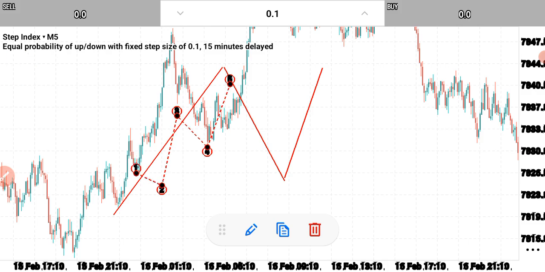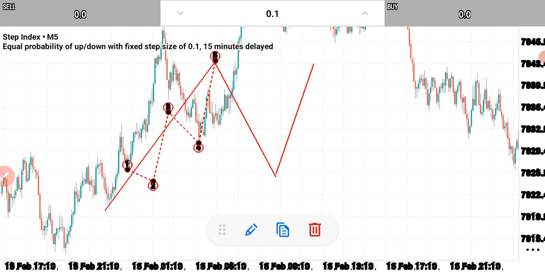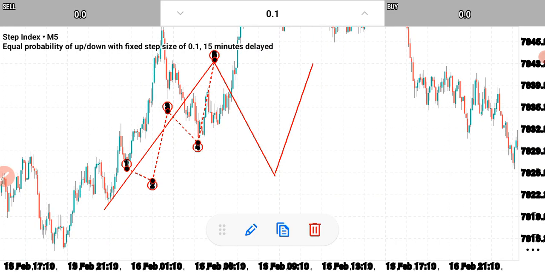The fourth one is above the number 1, and the fifth one will connote a reversal. The fifth line in the Elliott wave will connote a reversal.